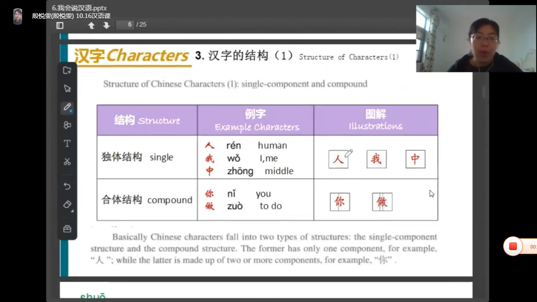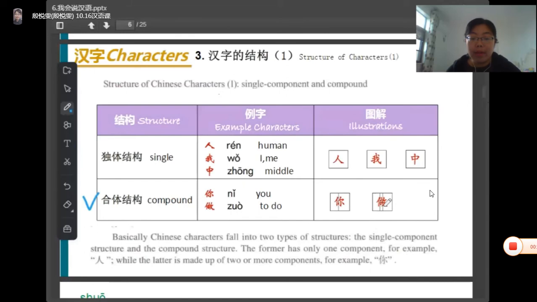But today we will see some different ones. Basically, Chinese characters fall into two types of structures: the single component structure we learned before, and the compound structure.